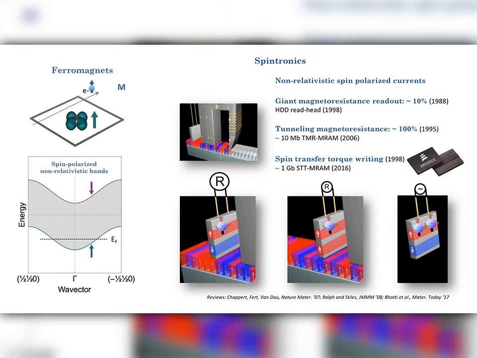And the spin splitting of the electronic structure has very favorable consequences for magnetic recording, or spintronics in particular, where we use these spin polarized currents, which are due to the non-relativistic spin polarized band structure.